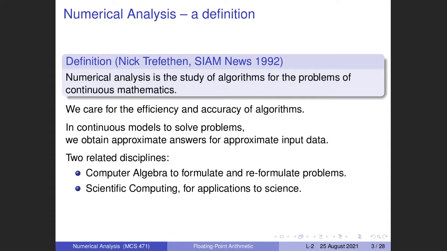The other discipline is related to applications. So scientific computing is the discipline that applies mathematics to solve scientific problems. Also, if you like, industrial problems. So this is again pointing at the sequel course, Industrial Mathematics.